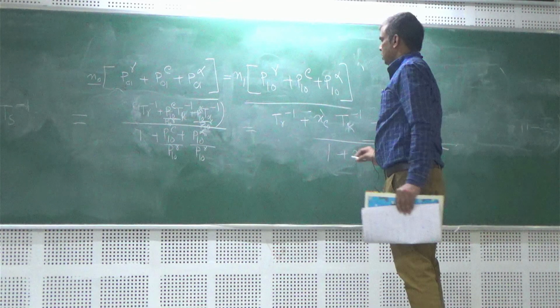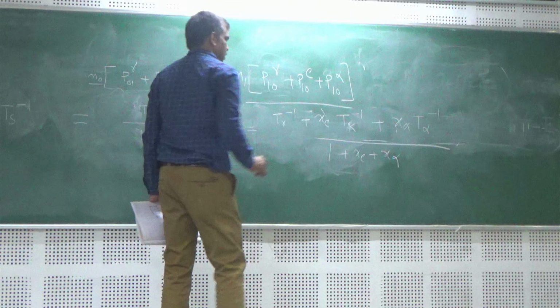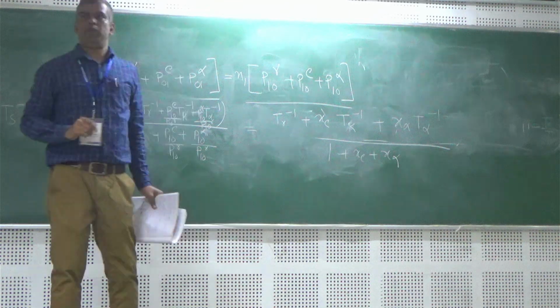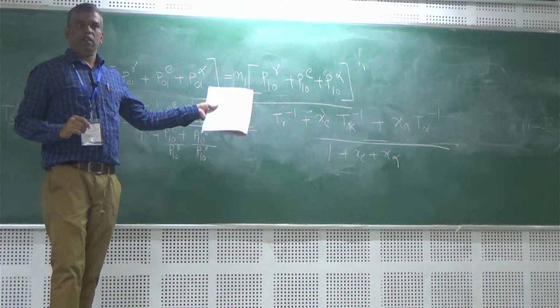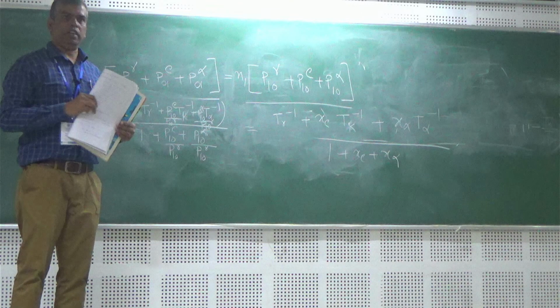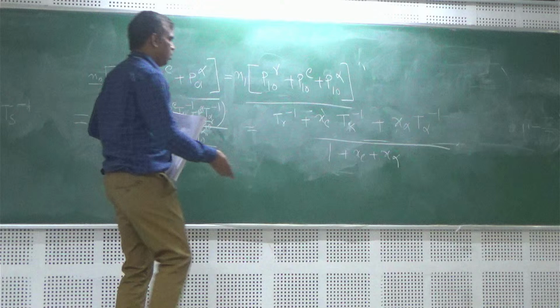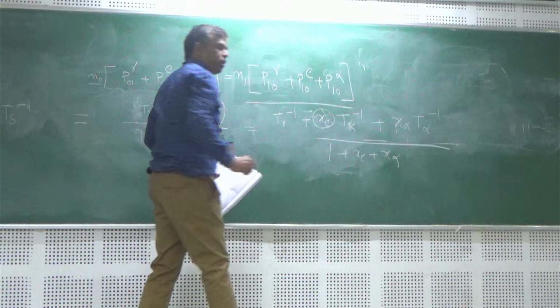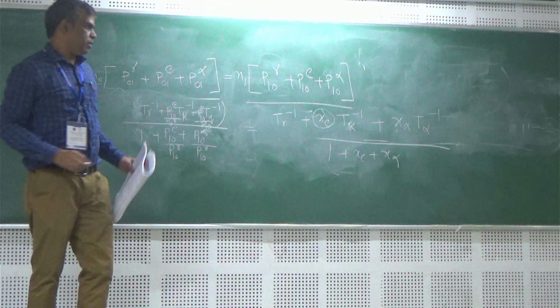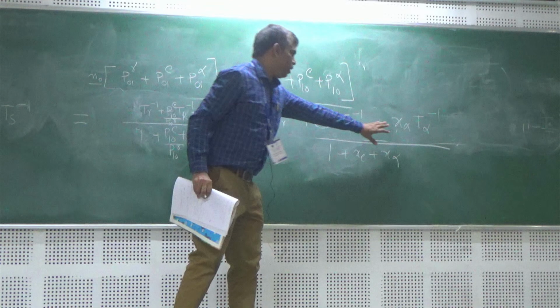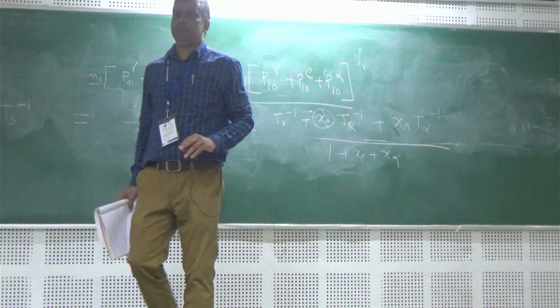So this is the formula that you always use to calculate spin temperature, right? This is the formula you will see in literature. So this is called the collisional coupling coefficient, and this is called the Lyman alpha coupling coefficient.